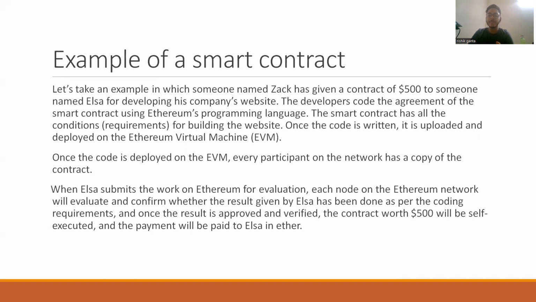And once the result is approved and verified, then the contract worth $500 will self-execute, and then a payment is made into Elsa's Ether wallet.